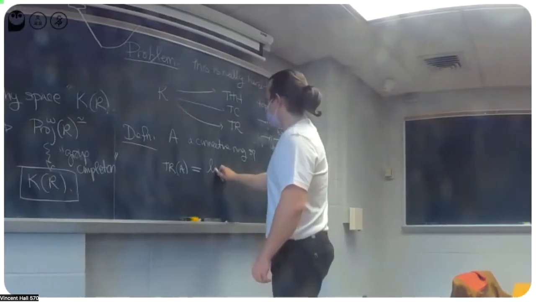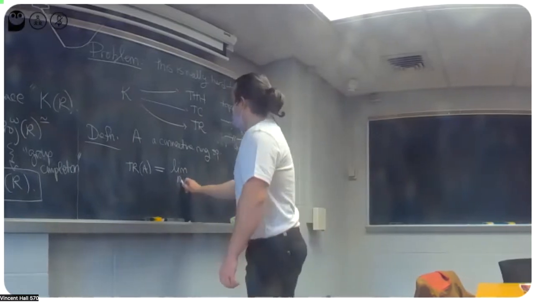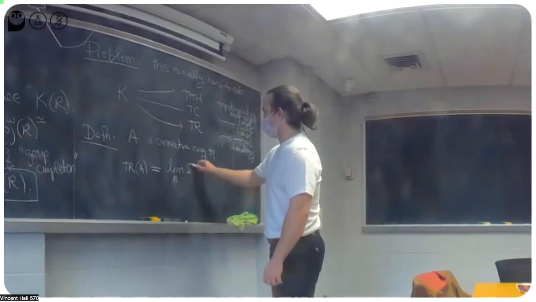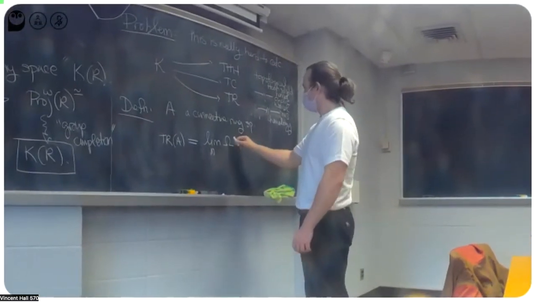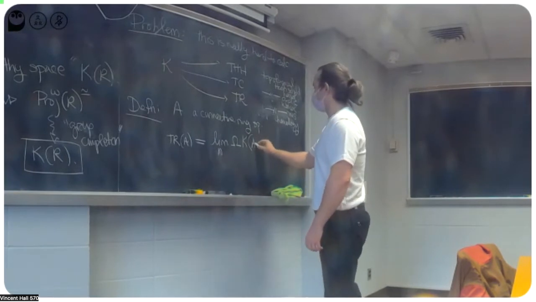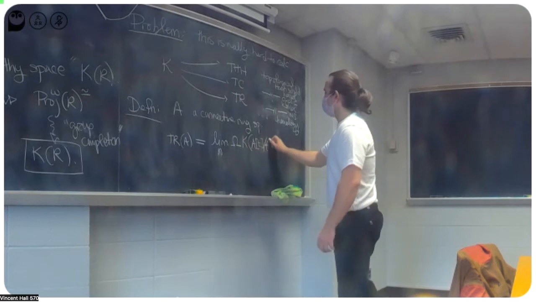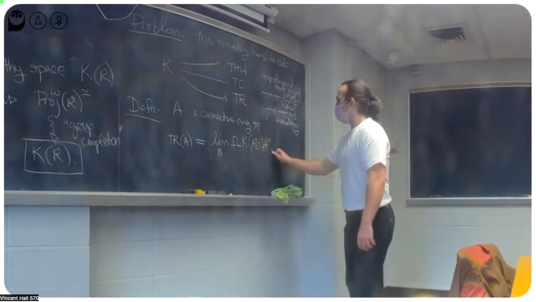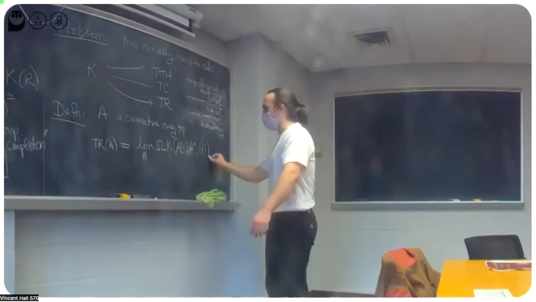We're going to take an inverse limit indexed over n of a loop, and then this funny piece of notation, which I will explain in a moment. We will take the K-theory of these truncated polynomial algebras, look at the map to the K-theory of A, and then take the fiber of that.